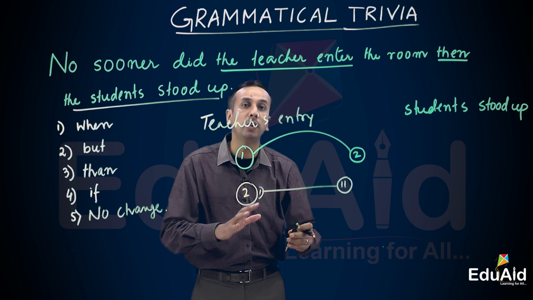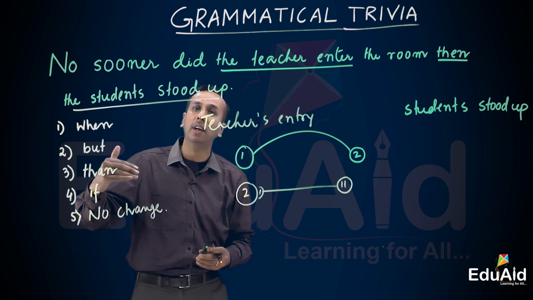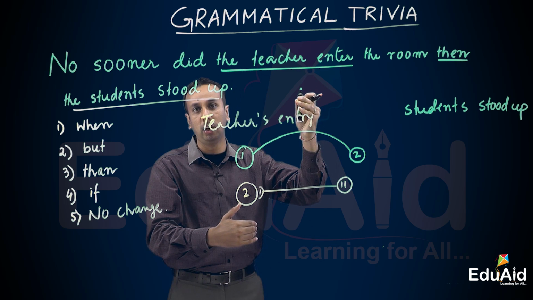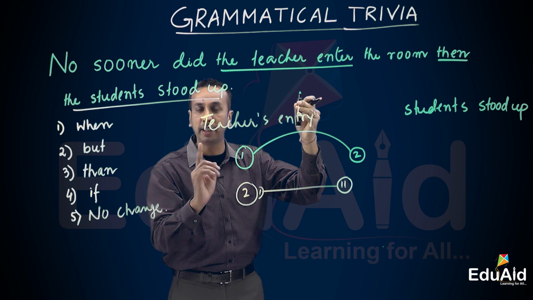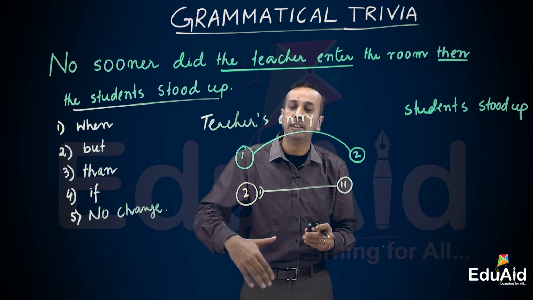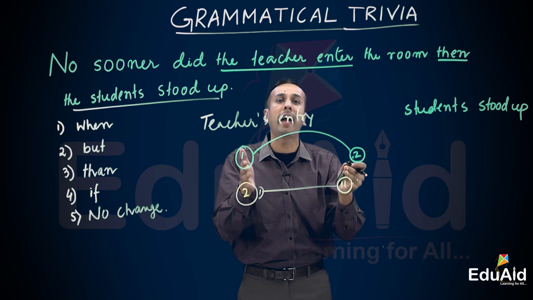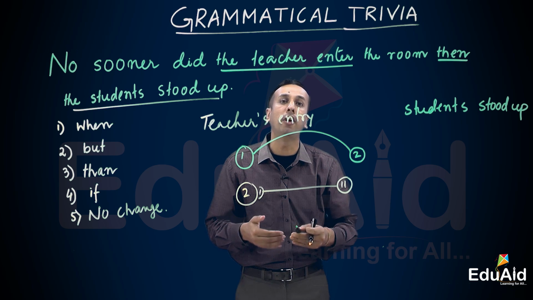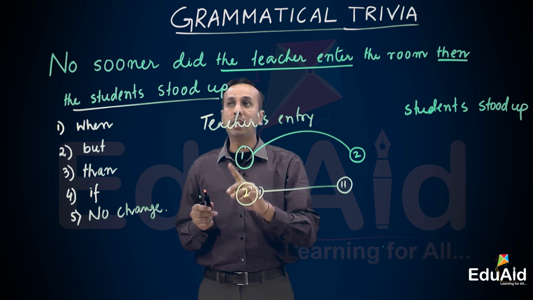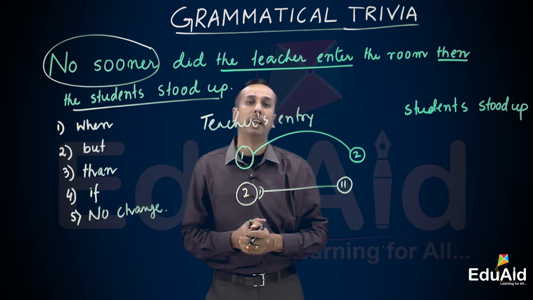Which one is the meaning of the sentence? The first possibility is the teacher entered and after that the students stood up. In the second, the teacher entered and the students stood up at the same time. Now what does the sentence mean or imply? For that we need to know the meaning of no sooner.